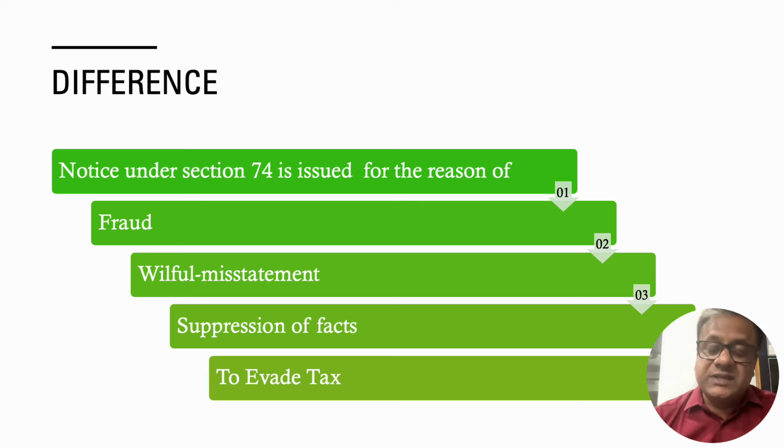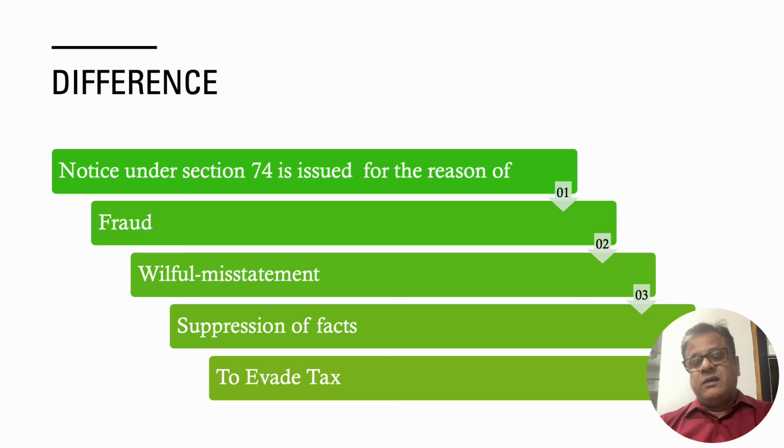So when the notice is issued under 74, the department is alleging that you have done a fraud, you have done willful misstatement, or you have suppressed some facts with the intent to evade tax. So if you are giving any information to the department based on this notice, please keep in mind they are alleging you have done a fraud. Whereas section 73 is a non-fraud case, non-willful misstatement or non-suppression of facts.